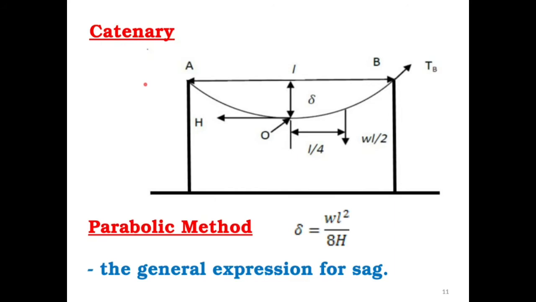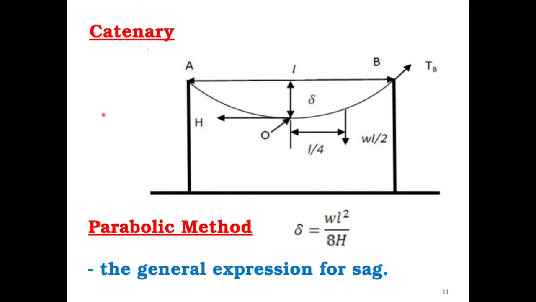The reason is one thing we need to again remember, that the span is smaller than the actual length of the conductor. The actual length of the conductor is always greater than the span.